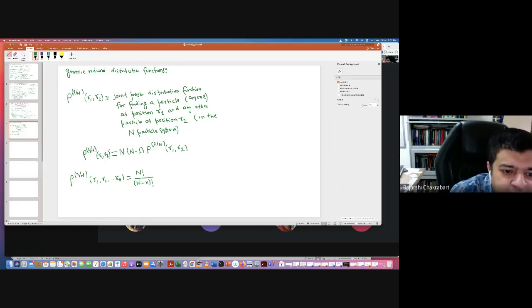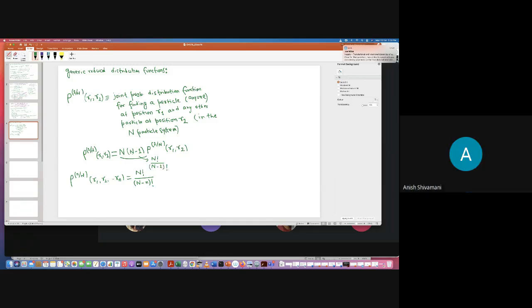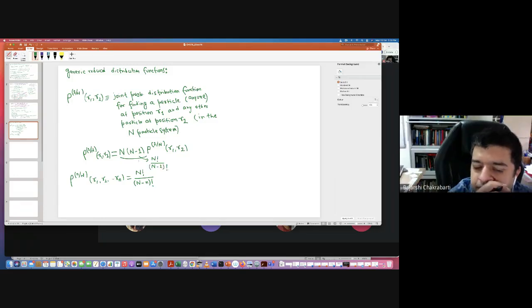Because you see, this was nothing but n factorial divided by n minus 2 factorial, wasn't it? This is actually n into n minus 1. So in general, it is n factorial divided by n minus small n factorial.